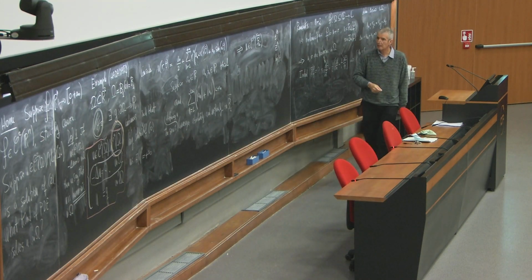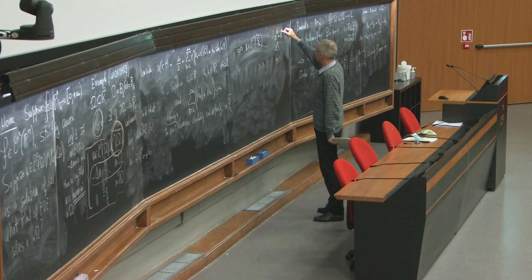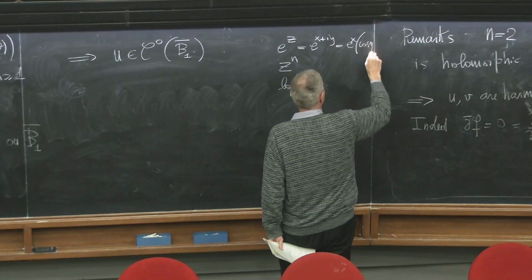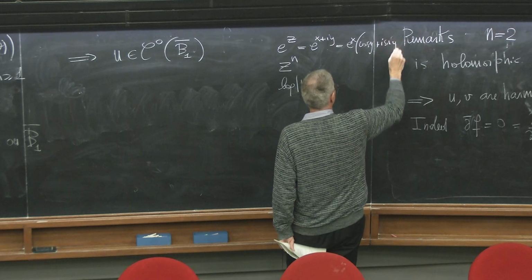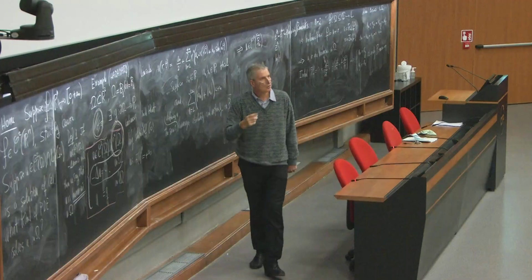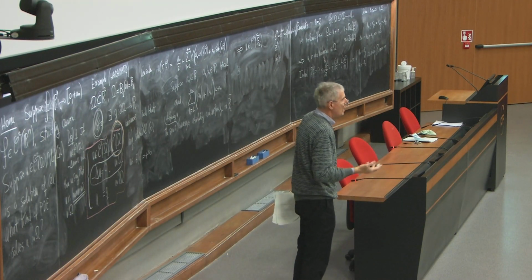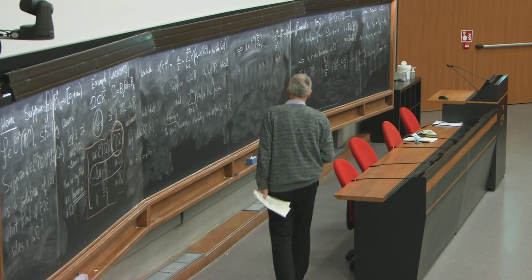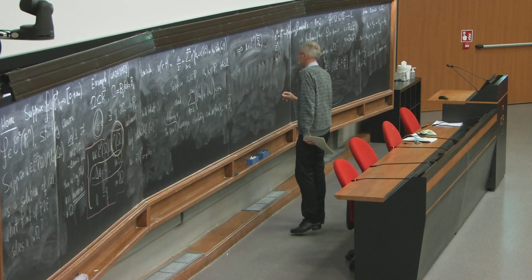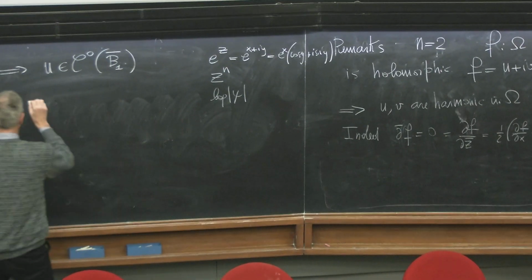For instance, e to the x plus iy is e to the x times cos y plus i sin y. So this means that e to the x cos y is harmonic, and e to the x sin y is harmonic in R2. Or also z to the n, for instance z squared.